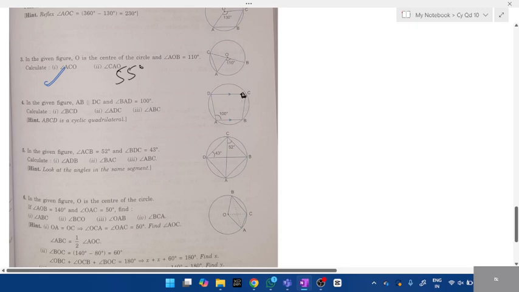In a cyclic quadrilateral, opposite angles will be supplementary.